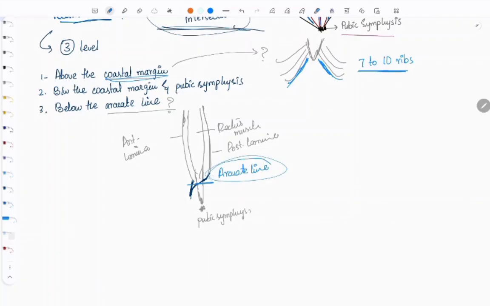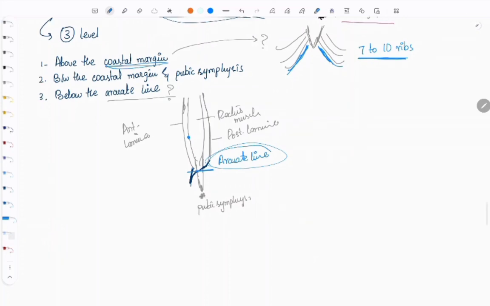Here is our umbilicus and here is our pubic symphysis. So somewhat halfway between them, the arcuate line is present, which indicates that the posterior lamina of the rectus sheath has ended or has moved anteriorly.